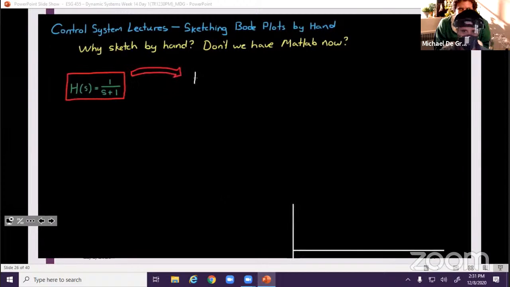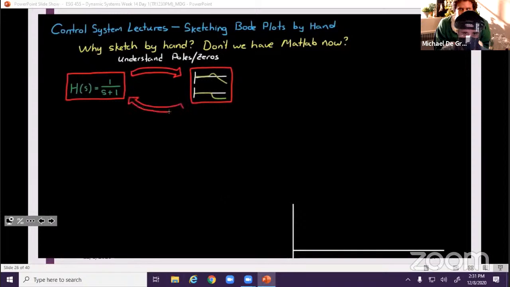The first is that by practicing this, it gives you an intuitive understanding of how poles and zeros affect the frequency response of a system without having to actually ever plot the response. And the second is that it gives you the ability to estimate the transfer function just by looking at the frequency response of a system. And this is particularly handy when you're trying to estimate a transfer function, say from the output of a frequency sweep on a new structure that you're building.